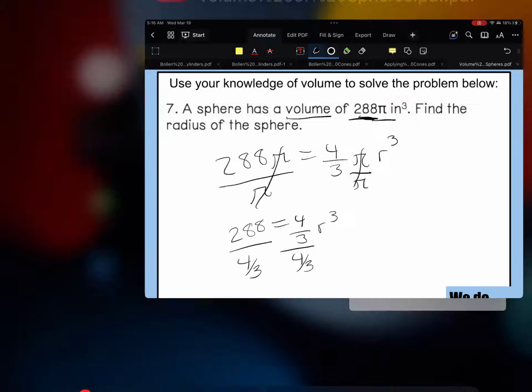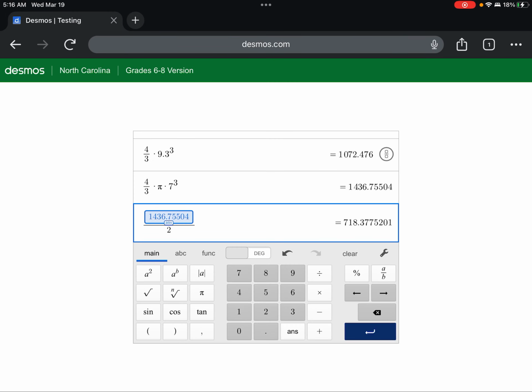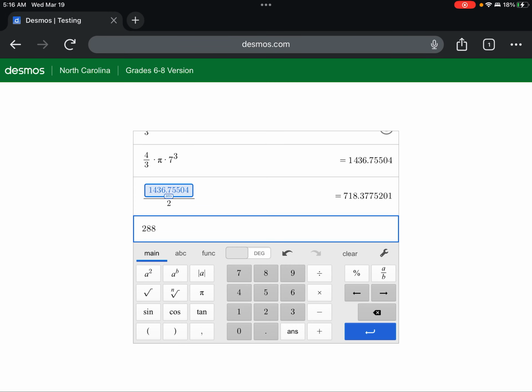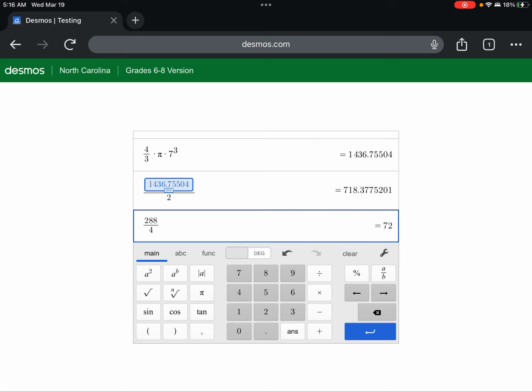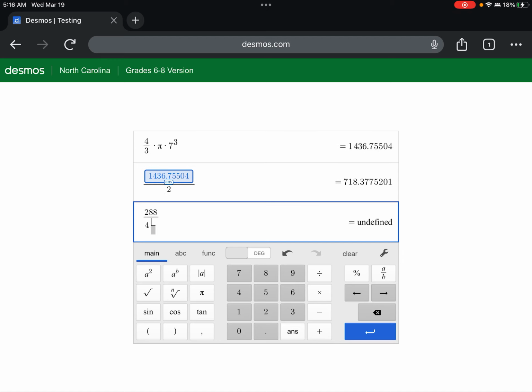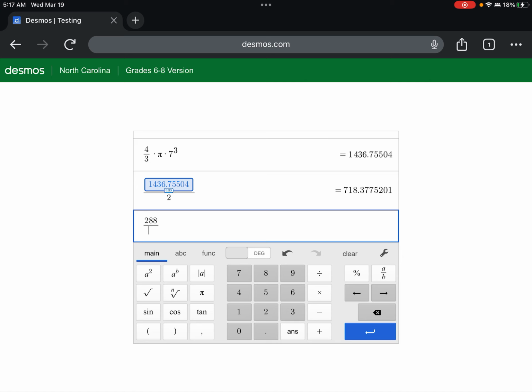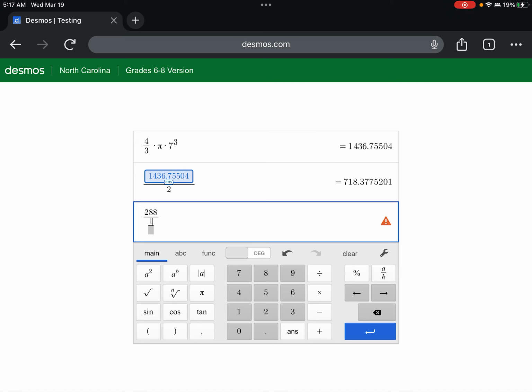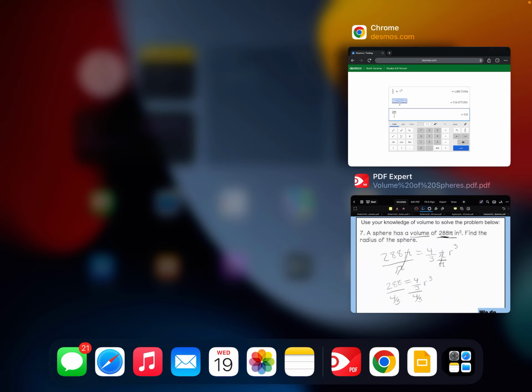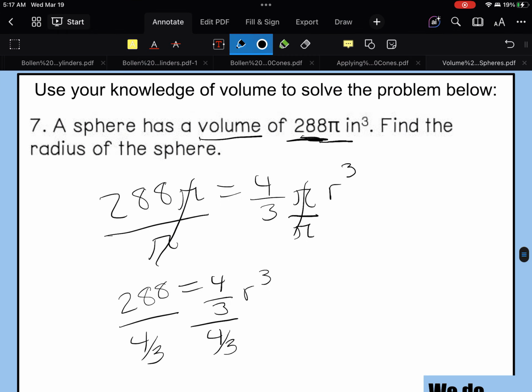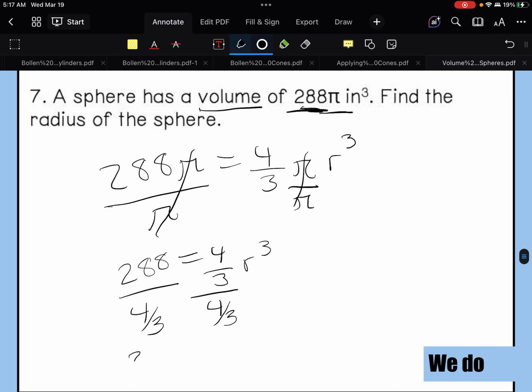When we do that, we get 288 divided by 4/3 is 216. So then we have 216 equals r cubed.